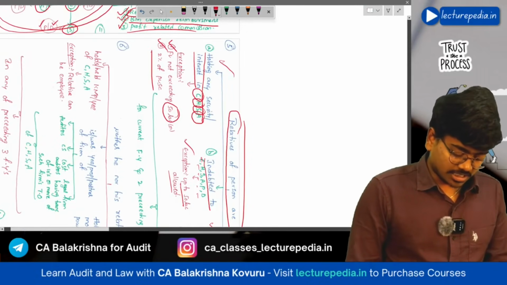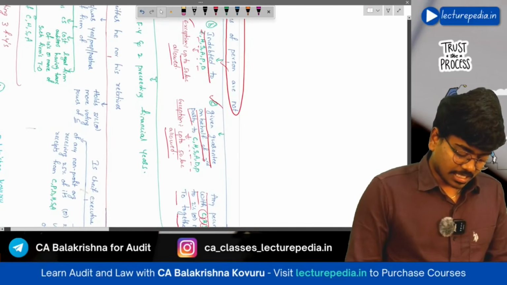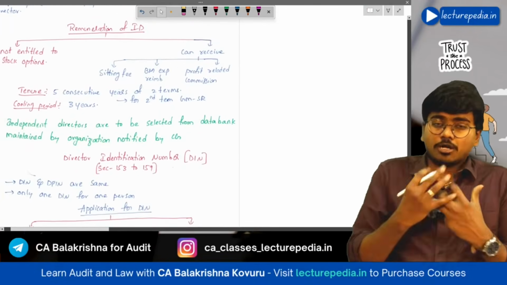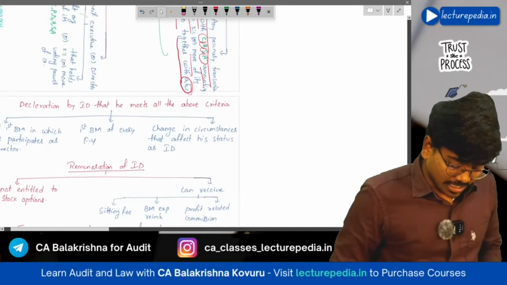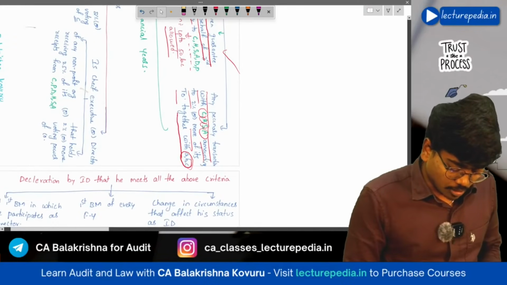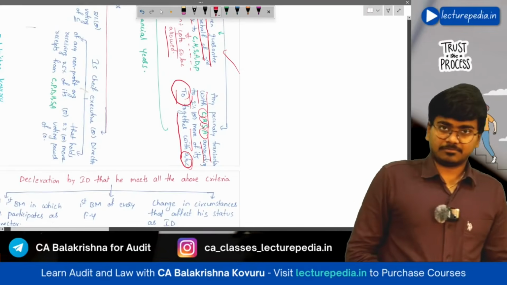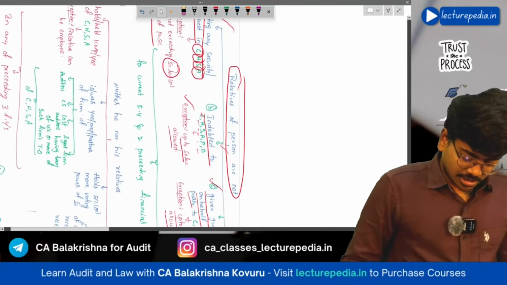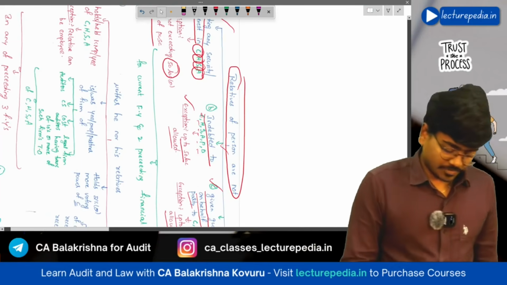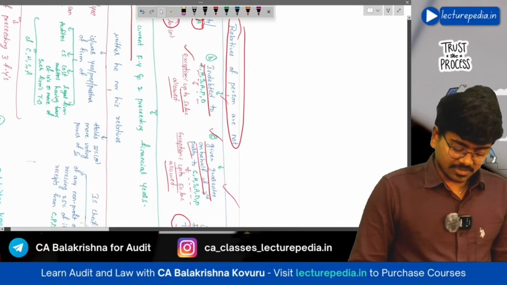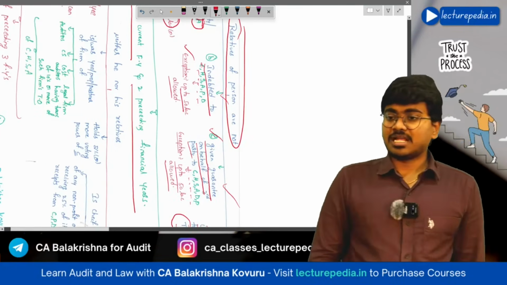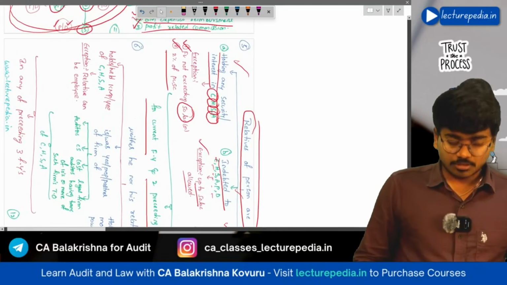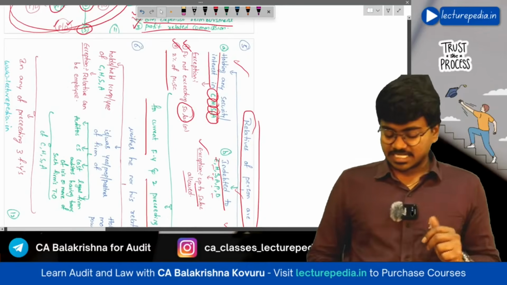Together with security, indebtedness and guarantee, including any other pecuniary transactions, should not be 2% or more of the turnover of the company. Again you need to check these for the current financial year as well as the two preceding financial years. That was the fifth criteria that needs to be satisfied.